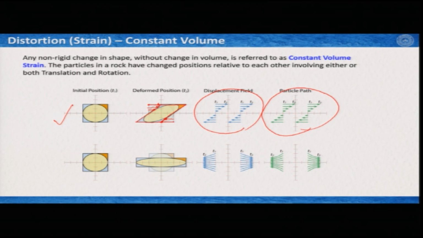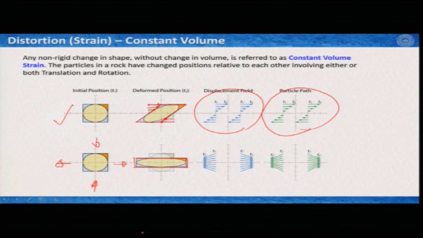For another type of distortion or strain, in this case what we see is that if I compress this shape and extend it towards this side, then it takes this rectangular shape, or this circle becomes an ellipse, keeping the volume constant.